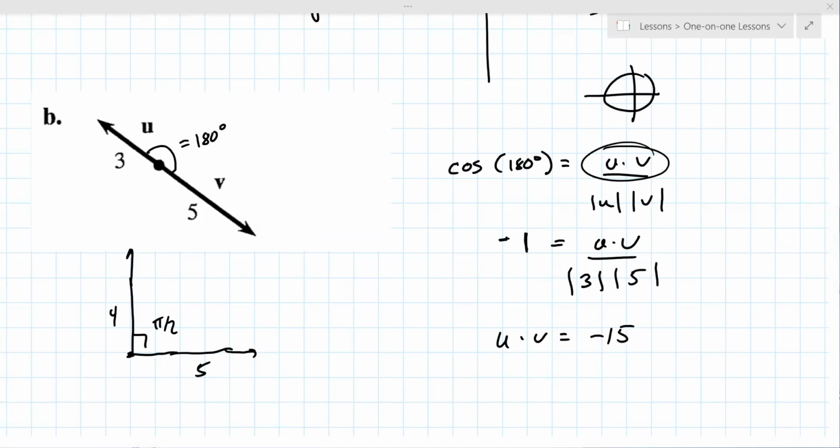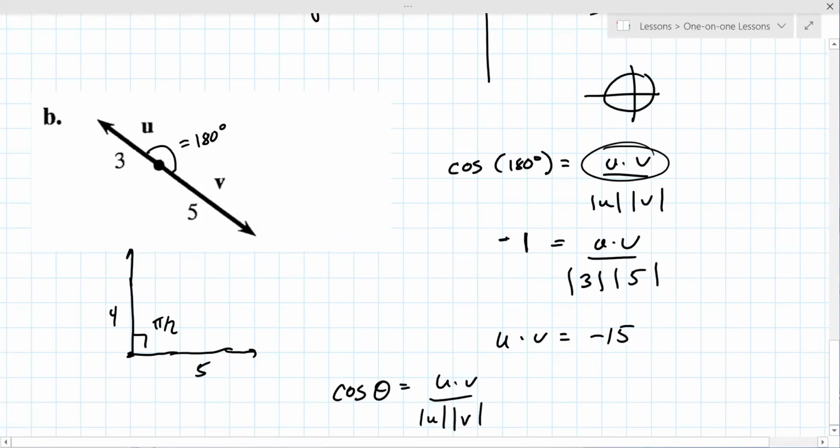What was the equation for the? Cosine theta equals u dot v over magnitude u, magnitude v. Is that okay?